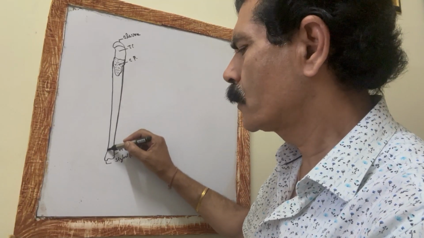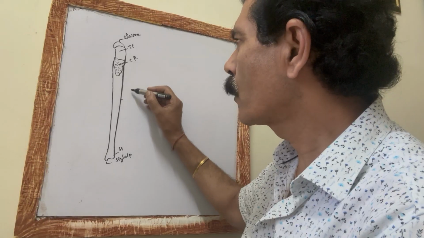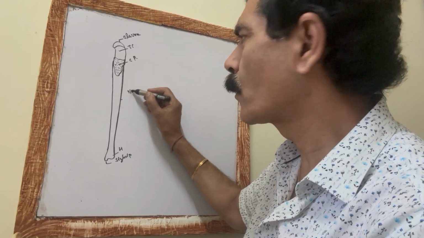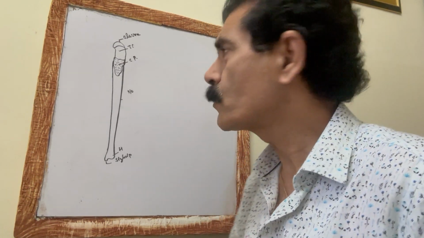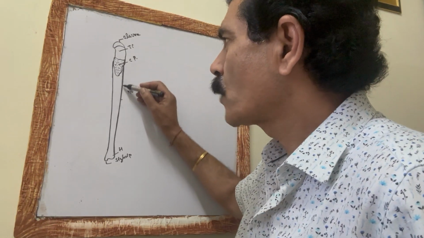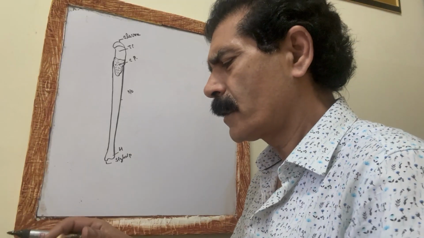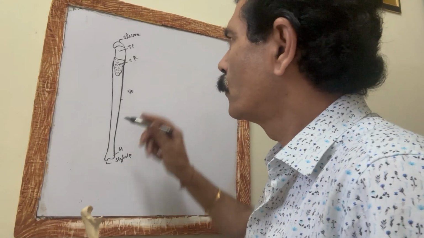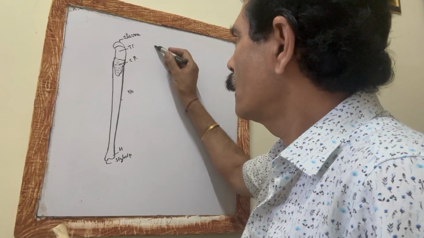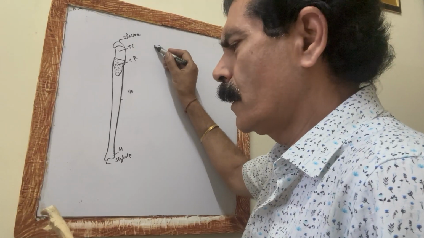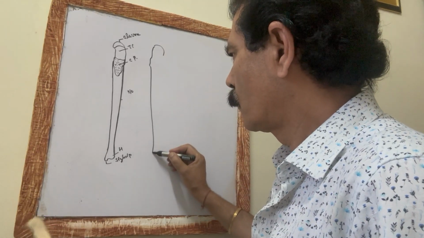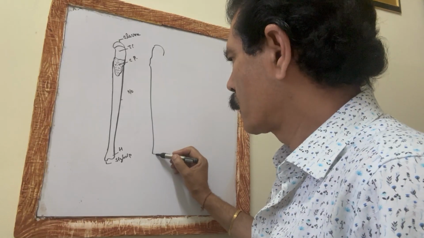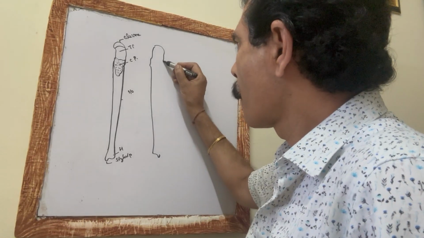The medial border is smooth, and the lateral border is sharp, called the interosseous border, because it forms the middle radioulnar joint, or the interosseous membrane is attached to the sharp lateral border. Then there is also a posterior border. If we see the bone posteriorly, this is the lower end with the styloid process and the head.